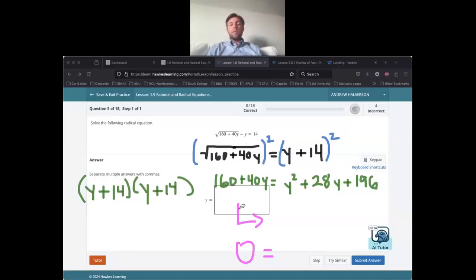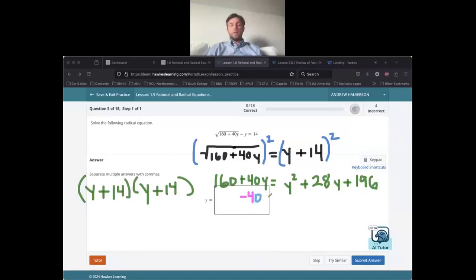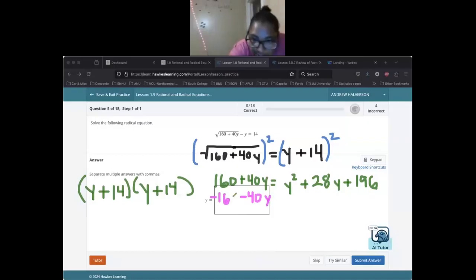So if I'm going to get the left side equal to 0, how am I going to do that? Y squared is going to stay the same. Then 40y is going to be minus 40y, and 160 would be minus 160 underneath the 196.